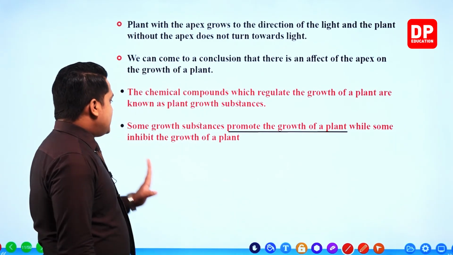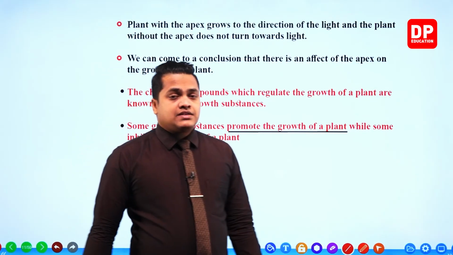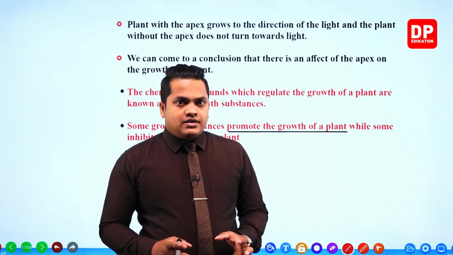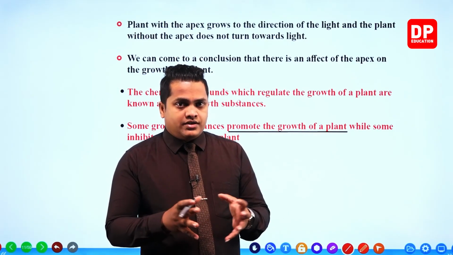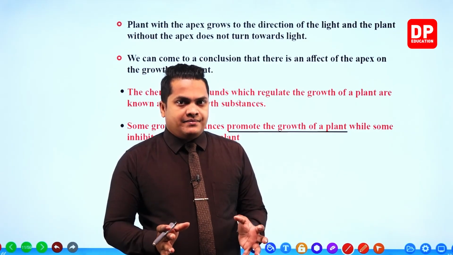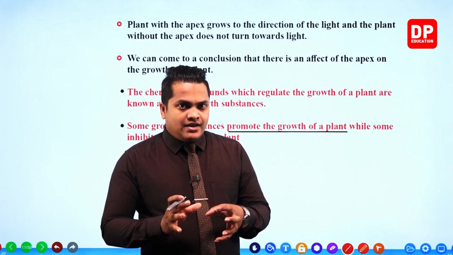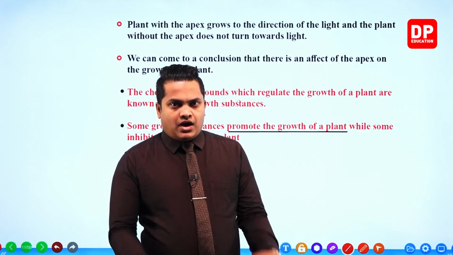Then, while some inhibit the growth of a plant, and there are also some other examples, when we are discussing the lesson further, we'll be discussing those things as well. So there are certain chemicals that can inhibit the growth of a certain part of a plant.